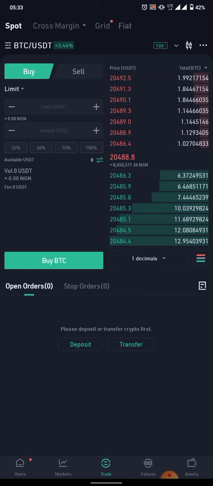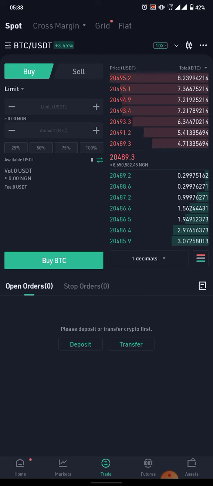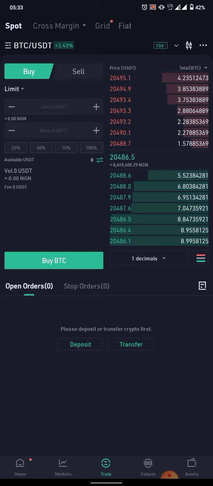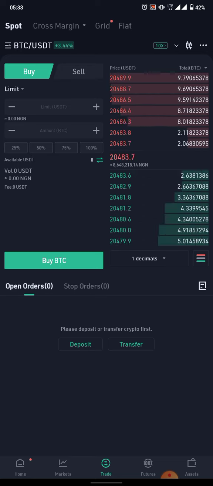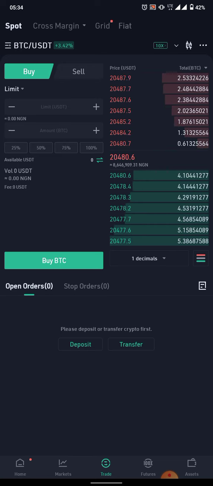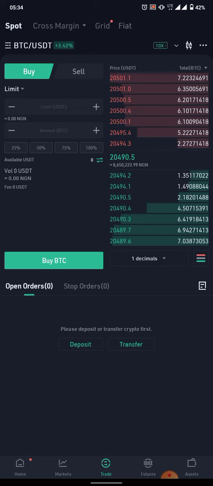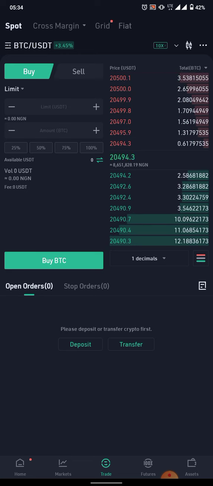Now the limit order is to buy or sell an asset at a specified price, at your desired price. Let's say Bitcoin is currently trading for 2483.6, and I want to buy Bitcoin at 2300, I have to place a limit buy, right?